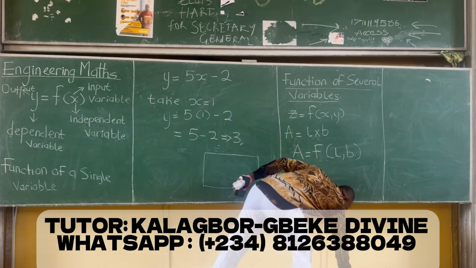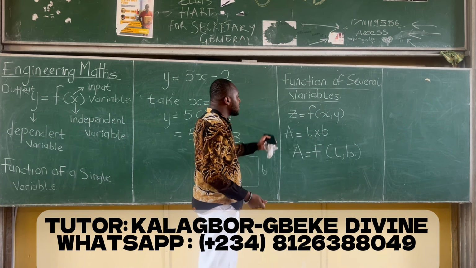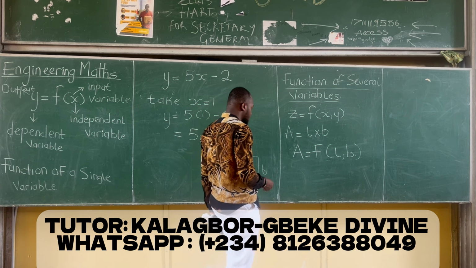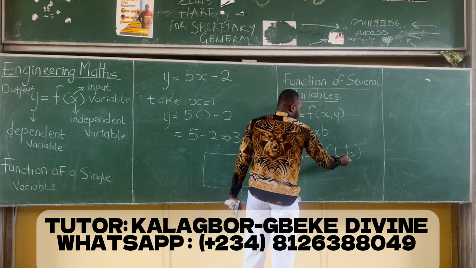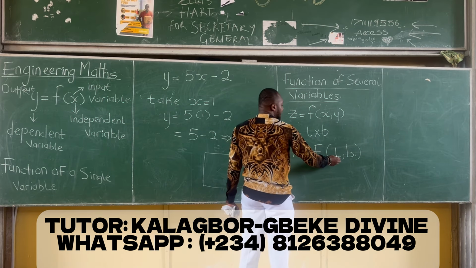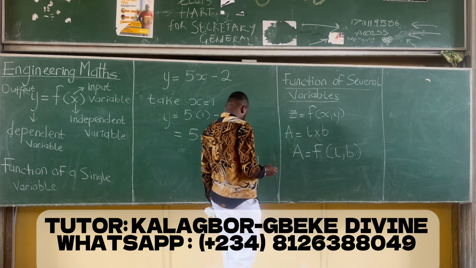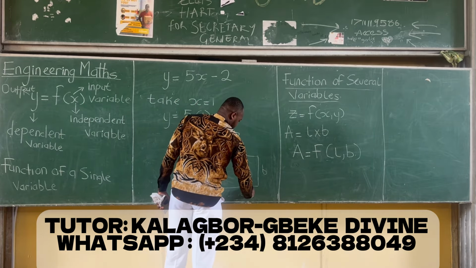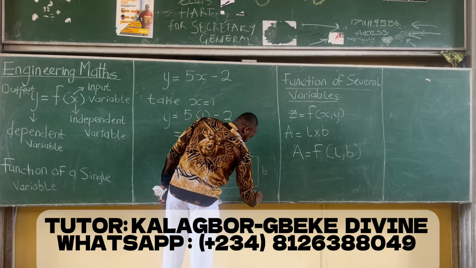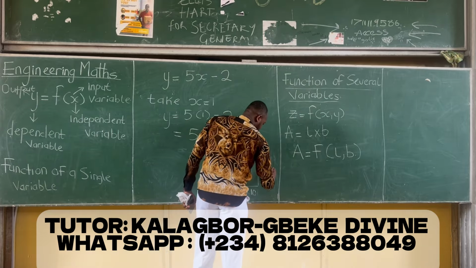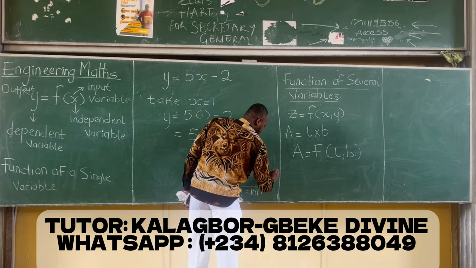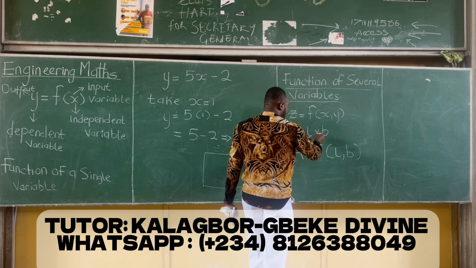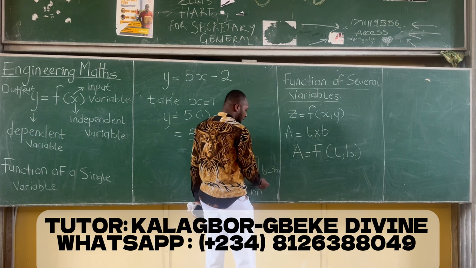That's what function of several variables means. This is simply telling us that A is a function of L and B. So we put the value for L. Let's say L was equal to 10 meters, or let's just put 10, and B was equal to 3 meters. So now we know that L is equal to 10 and B equals 3.